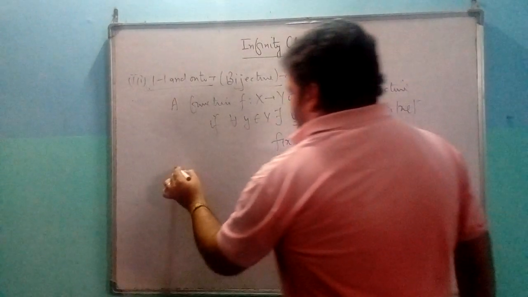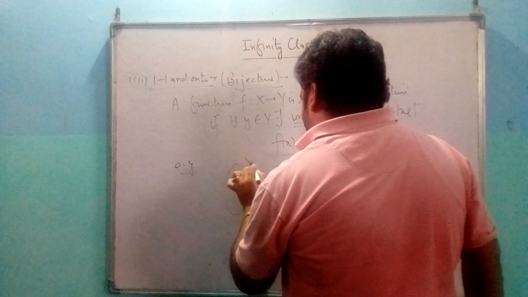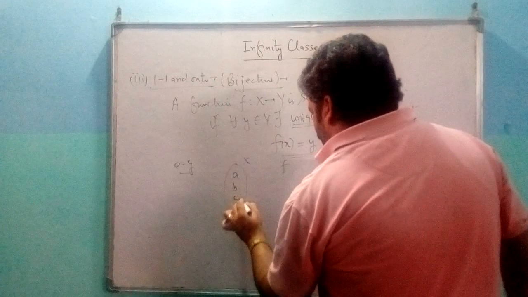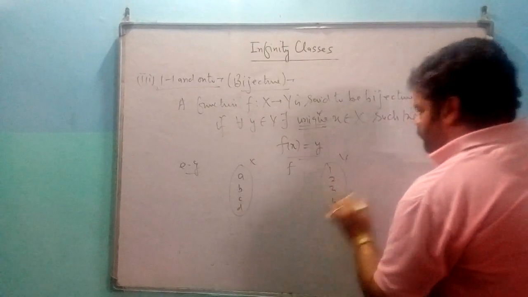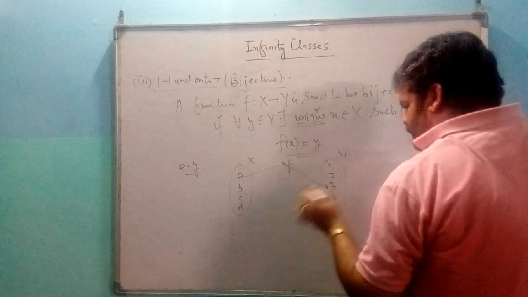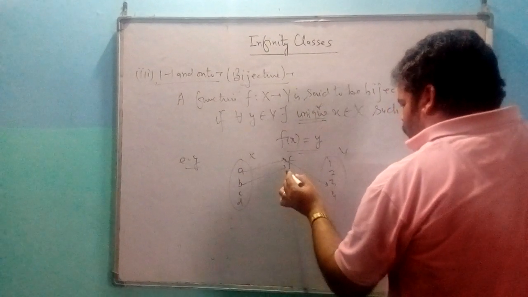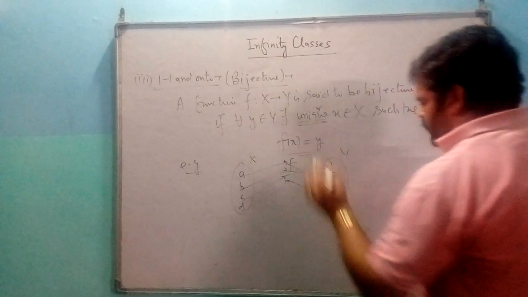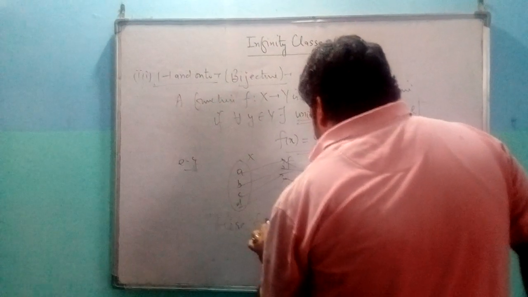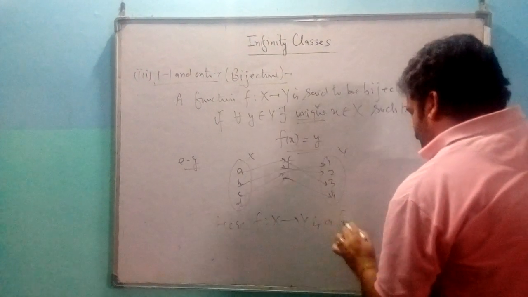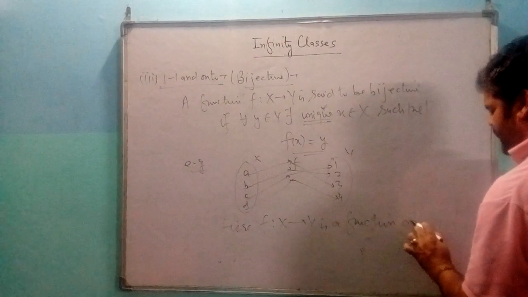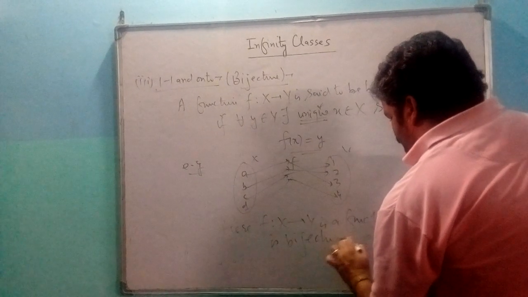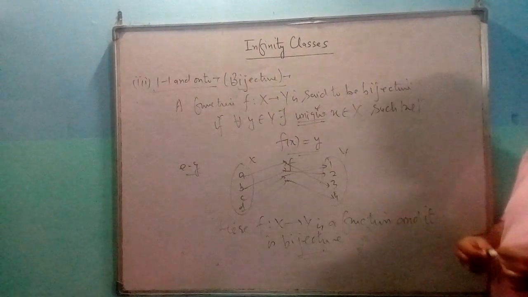For example, a goes to 3 by f, b goes to 2, c goes to 1, d goes to 4. Here f is a function and it is bijective function.